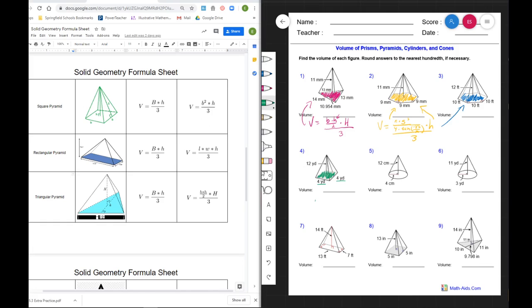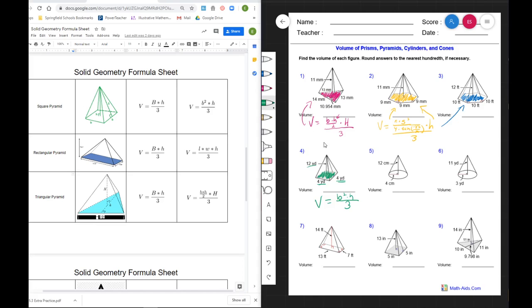Volume equals base squared times height, so the base times the base times the height, over 3. We can use that because we have a square here instead of a rectangle.